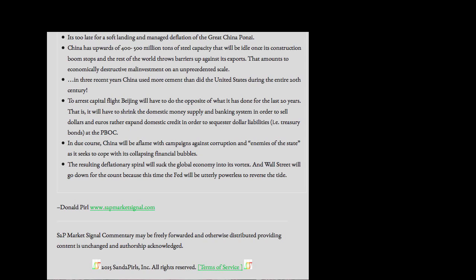In due course, China will be aflame with campaigns against corruption and enemies of the state as it seeks to cope with its collapsing financial bubbles. The resulting deflationary spiral will suck the global economy into its vortex. And Wall Street will go down for the count, because this time the Fed will be utterly powerless to reverse the tide.